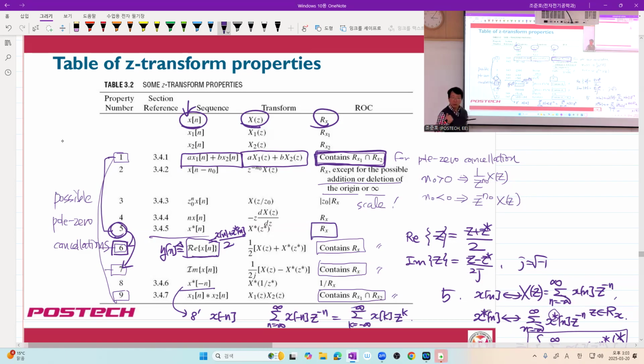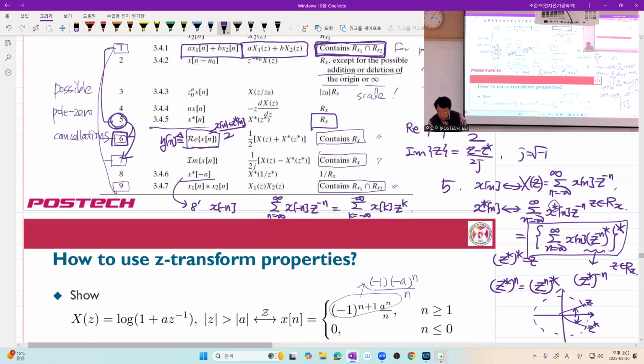You have this one. And now you know that, suppose this converges for some Z. Then what about that one?